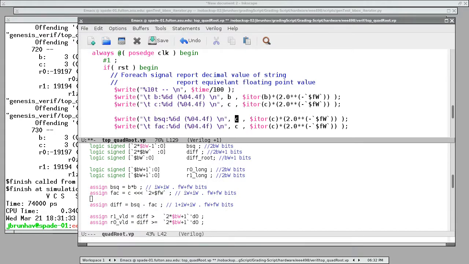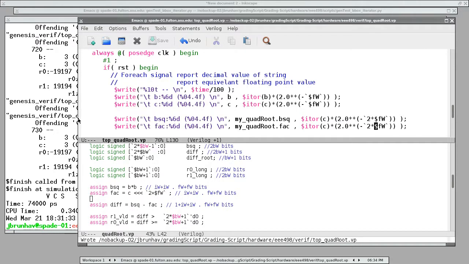Though this time it is going to be my under QuadRoot dot BSQ. And this is going to be my under QuadRoot dot FAC. These are interesting because they are both 2 times FW.